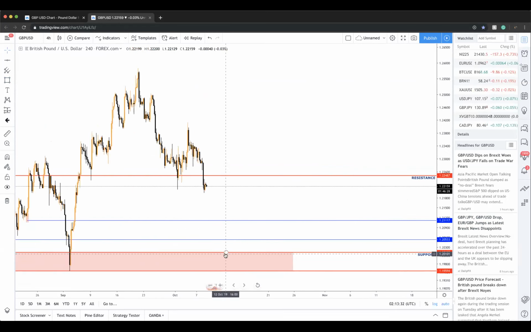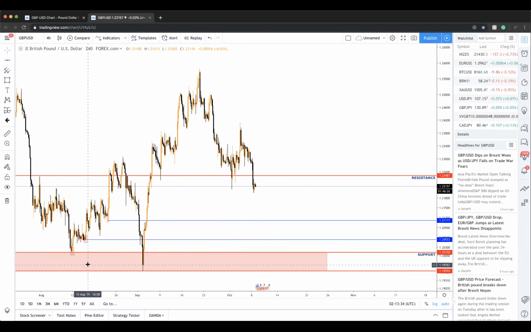When we highlighted it with a rectangle tool, we can see although the market did come down all the way here, it respected the zone, and the reaction was that the market started to go up, right?